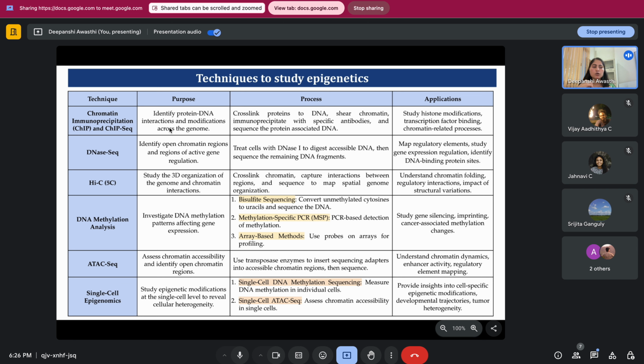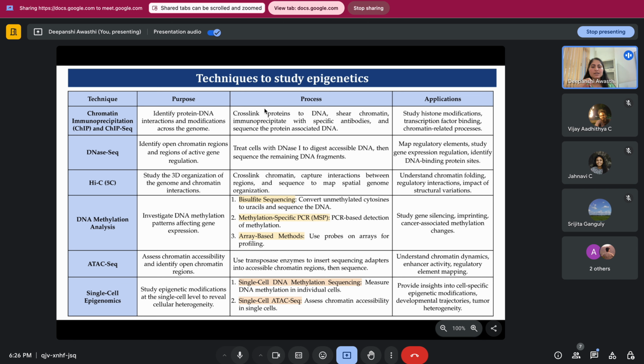For example, if you want to look for the regions in the genome where histones are more prevalent, those regions will be inactive regions, or you can say heterochromatic regions, so you can identify that. Along with this, you can also look for those regions where transcription factors or other proteins are binding in the DNA. Those regions can be identified with the help of ChIP-Seq.